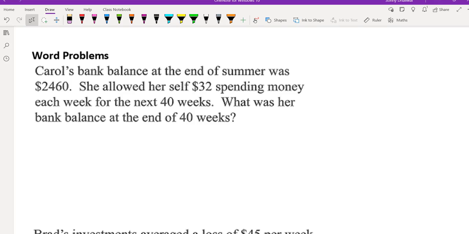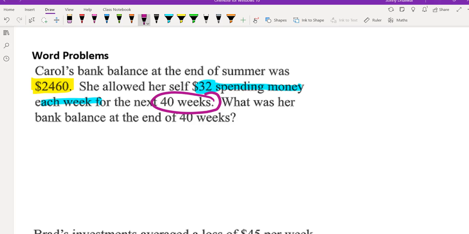So here, Carol's bank balance at the end of summer was $2,460. They give me a number, I'm going to highlight it, I'm going to circle it, I'm going to do something. Okay, she allowed herself to spend $32 every week for 40 weeks.